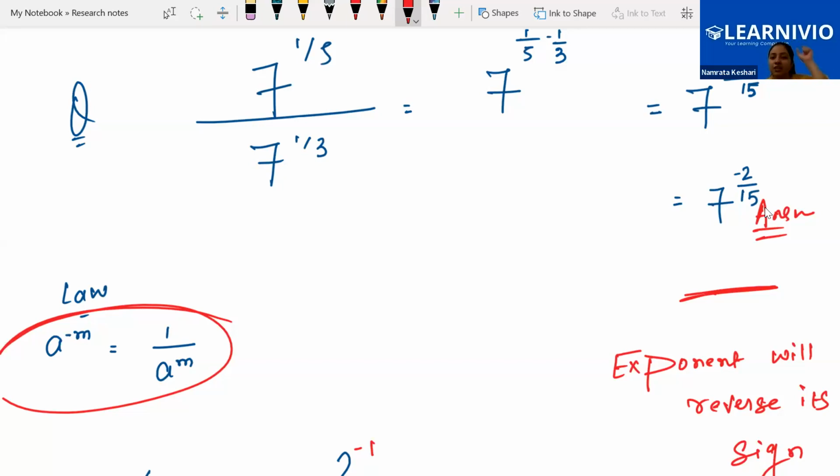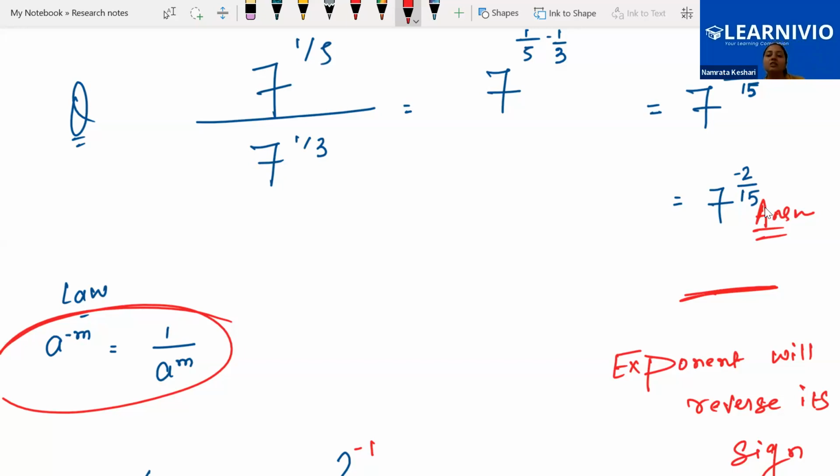If the answer has a negative exponent and we leave it there, that is not allowed. The exponent of the term has to be positive in the final step. So 7 to the power minus 2 by 15 is not the final step. One more step we have to do. We have to make the exponent positive.